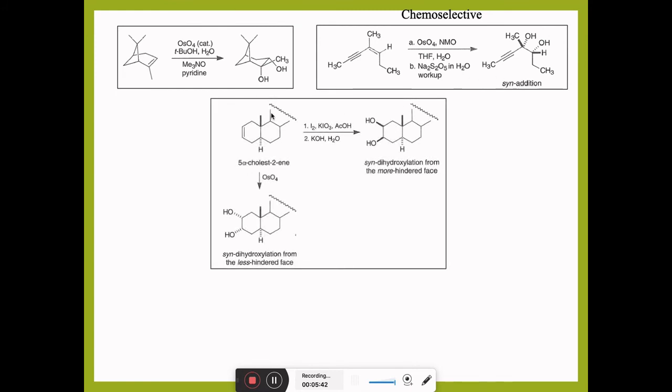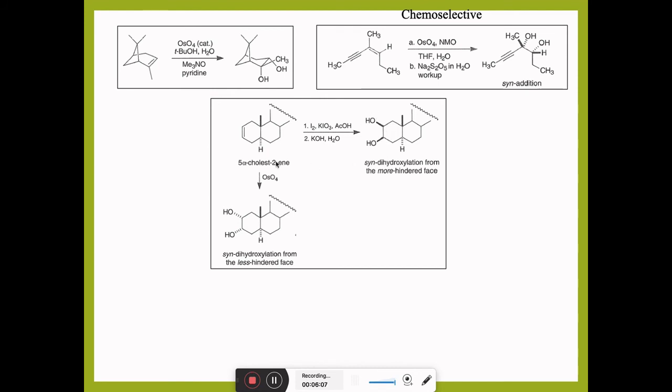Now here there is a comparison where the alkene has been used. This is a cyclic structure where we have an olefin, and on one side it is treated with iodine in water. Water is there, so this will be Woodward hydroxylation, and Woodward hydroxylation will always give you a syn diol.